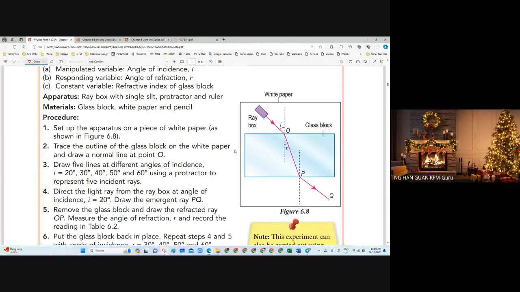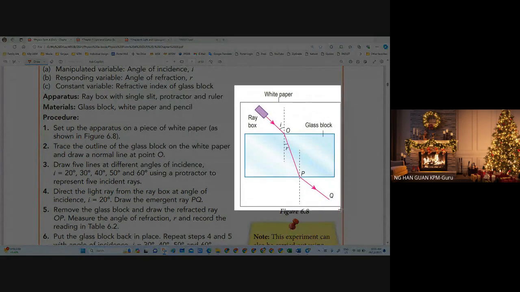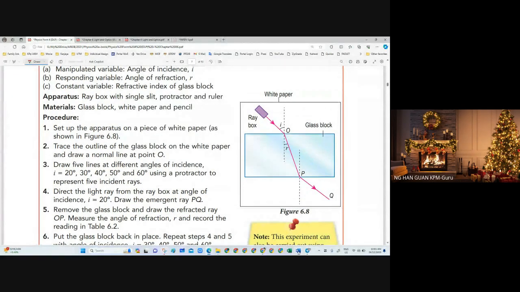Okay, so this experiment we can actually conduct with a semicircular glass block. The difference is, this is the one we conducted with the rectangular glass block.